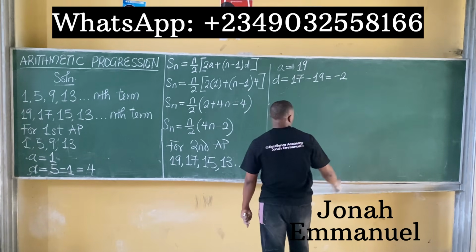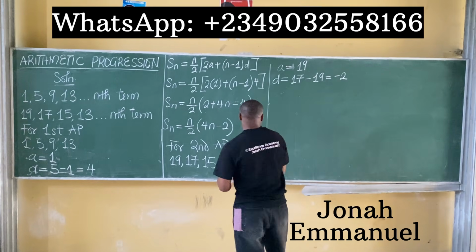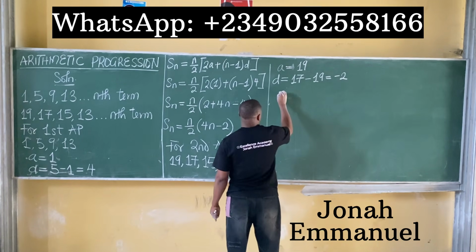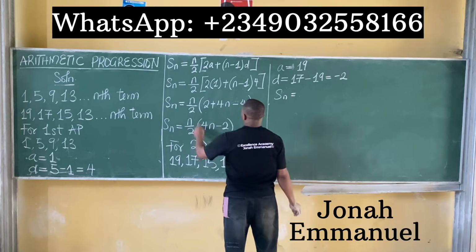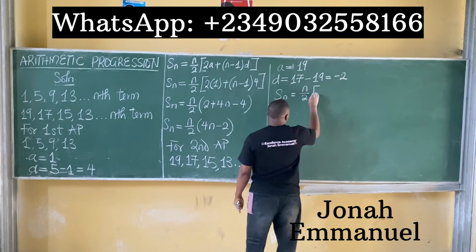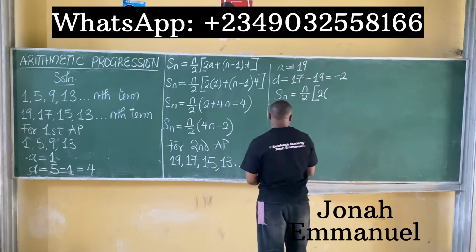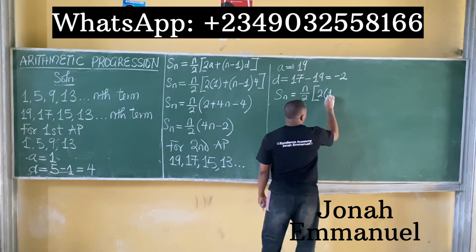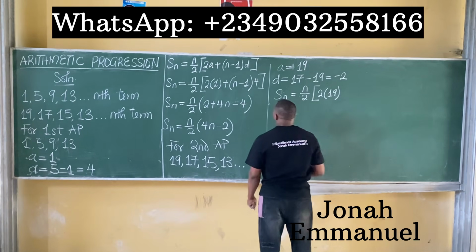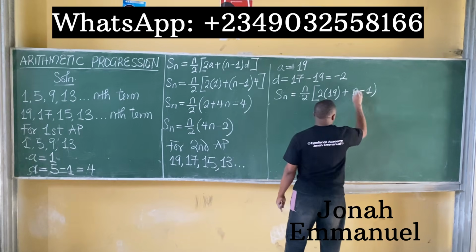So if this is true, let's get the sum. The sum for the second AP, Sn, is equal to the same formula, n over 2 into 2a, that's 2 times a. What is a? a is 19, so 2 times 19, plus n minus 1 into d.